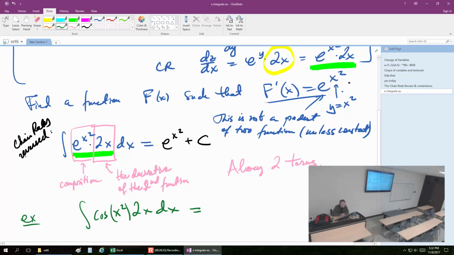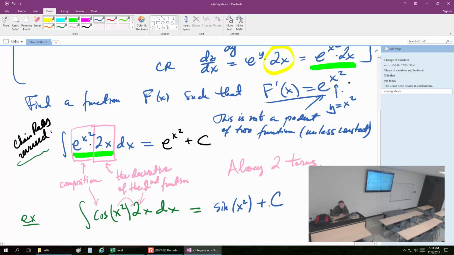Thinking backwards, applying the reverse chain rule, we do have that two parts, as I indicated. This is one part, the composition, and the derivative of x squared is right here. So what's the answer? Sine x squared, yes.